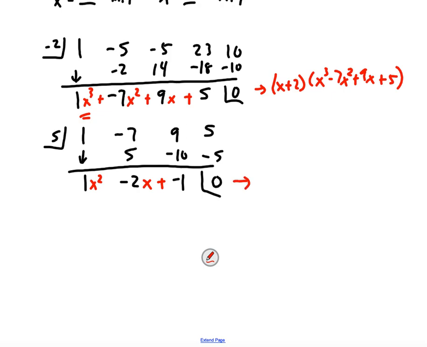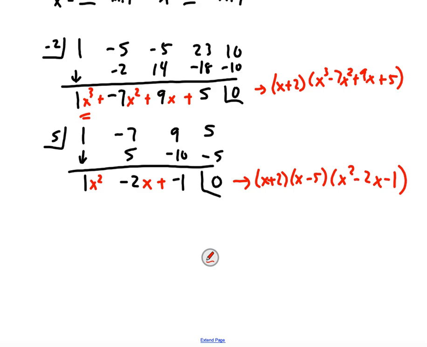So let me write this out. So basically we're down there to x squared minus 2x minus 1. So can we factor that any farther?